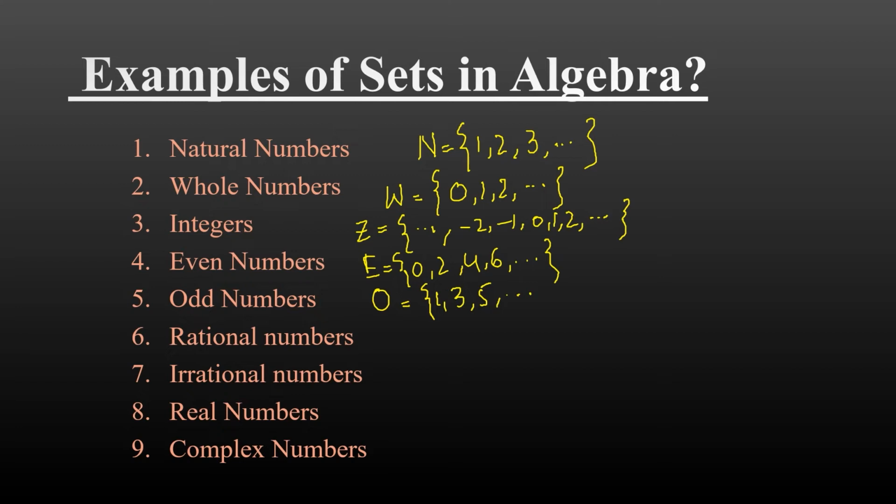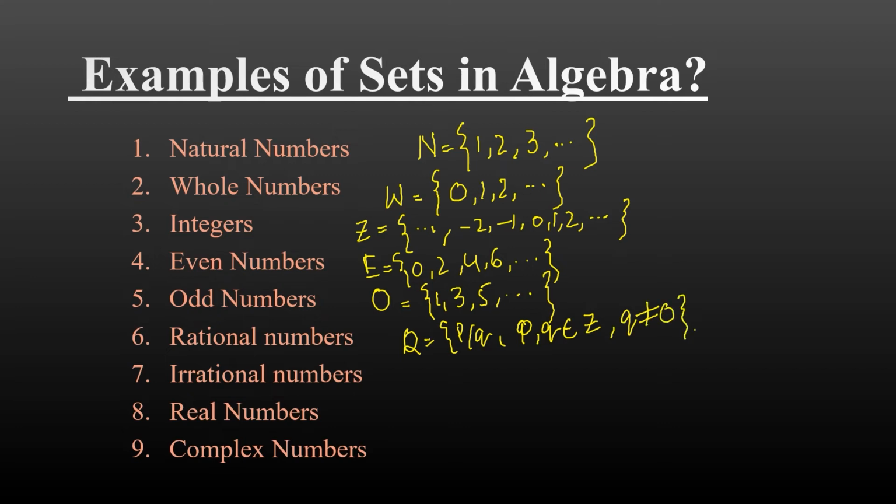Next is rationals. These are denoted by Q equal to p by q, where p and q belong to Z and q is not equal to 0. I think this need not be taught here.